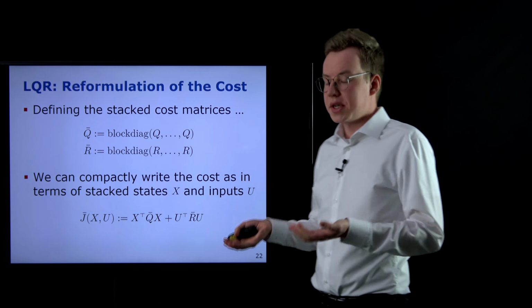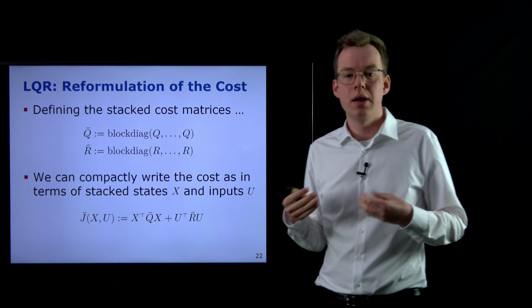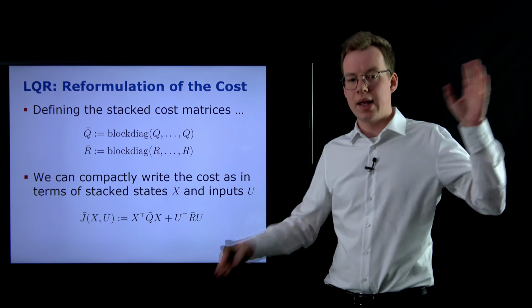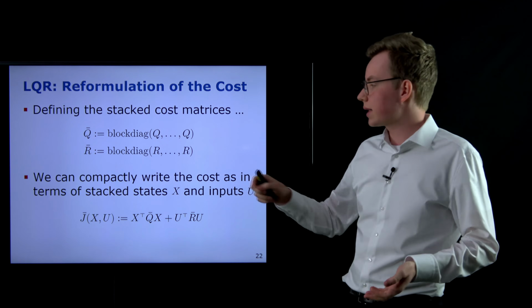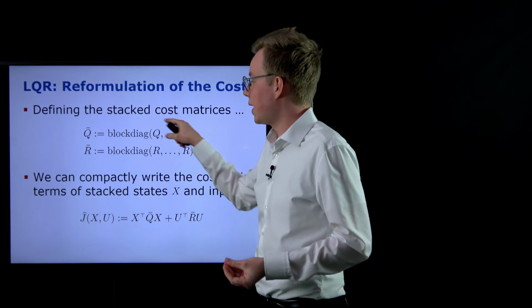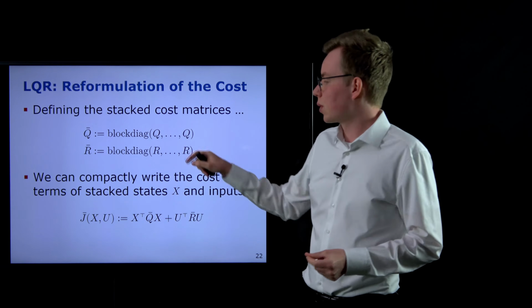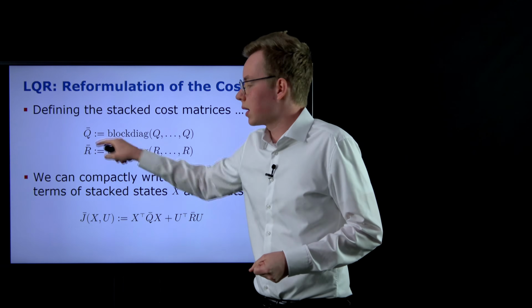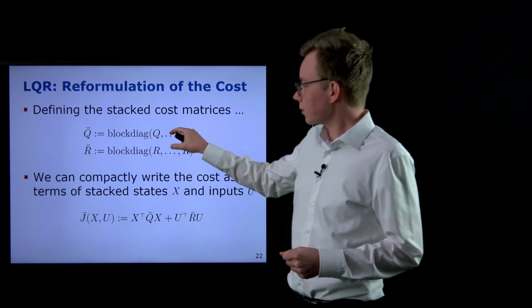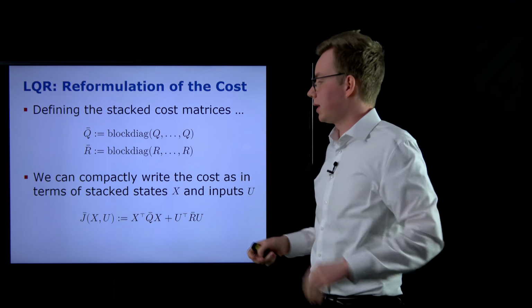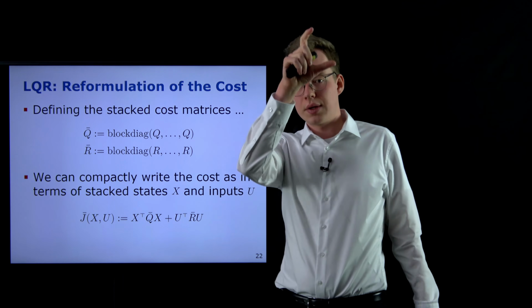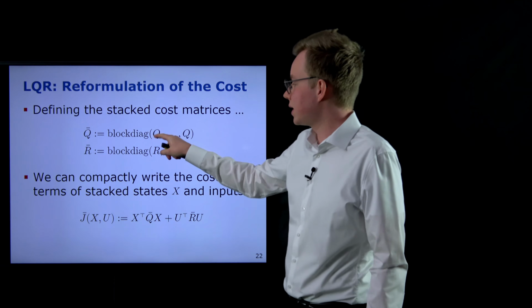For this matrix form of our problem, where we've now stacked all our states and inputs into long vectors, we can also define new cost matrices. We form this block diagonal Q over bar, which just consists of the Q's at every time step stacked along the diagonal as block matrices.